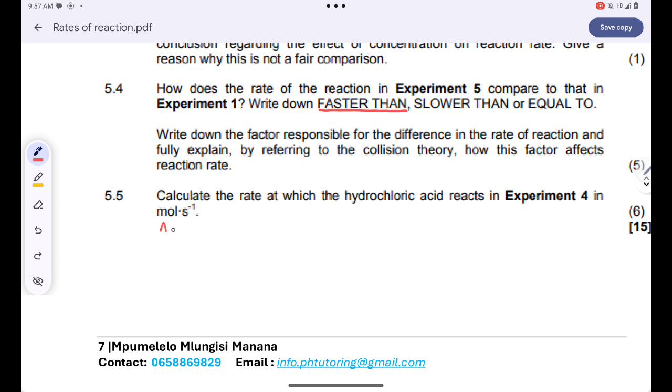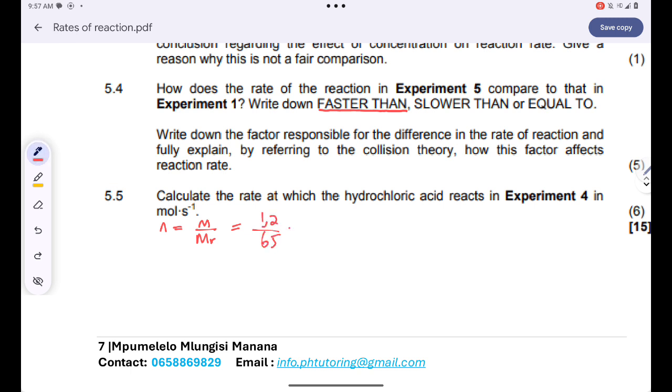The number of moles for zinc is just the mass of my zinc divided by the relative atomic mass number. You'll find the relative atomic mass number at the back of your question paper. You'll find zinc over there. The number that is written over there is the relative atomic mass number, and that number is equal to 65.